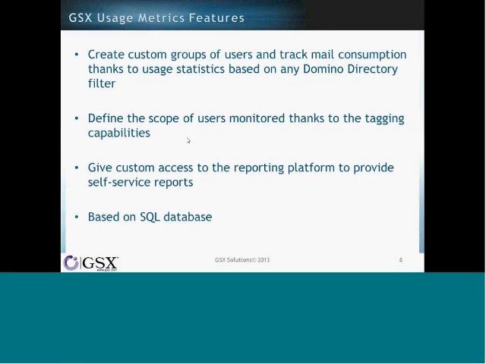Most of the other tools force you to import all of your company, even if you want to report on only a part of it. In GSX usage metric, you really choose the part of the population you want to track. So the watchword of the tool is really flexibility in the scope of users and in how you want to report.